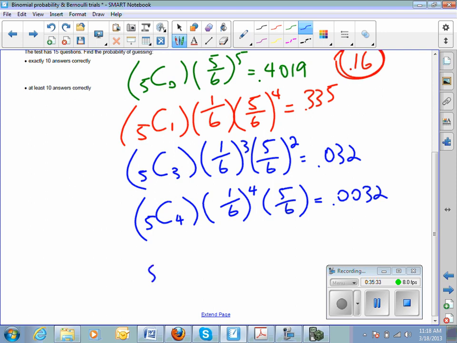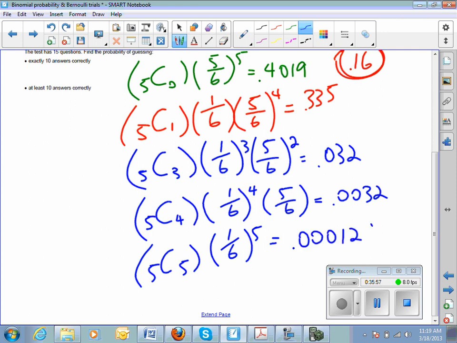And then the last one, 5 choose 5, which of course is 1 times 1/6 to the 5th. The fact that we've got 6 times 6 times 6 times 6 times 6 in the denominator tells us it's going to be a very small number, at 1.29 times 10 to the negative 4. Okay, so that is extremely small, and that's what we would expect, and our experimental probability bears that out.